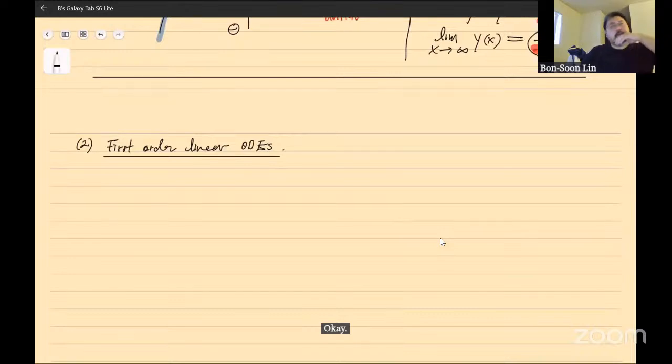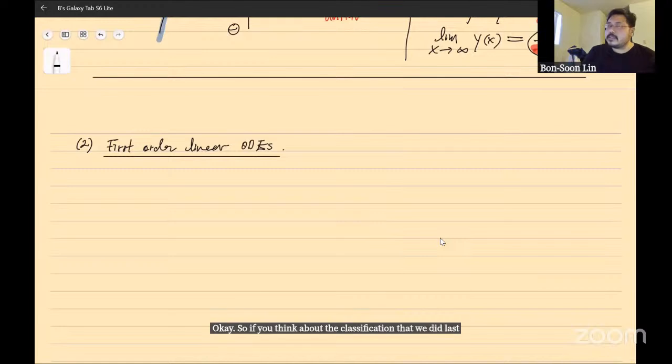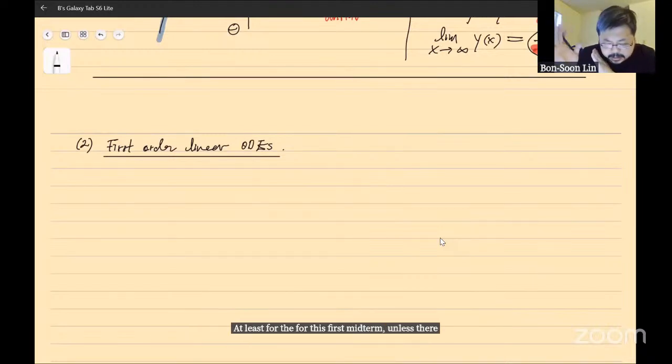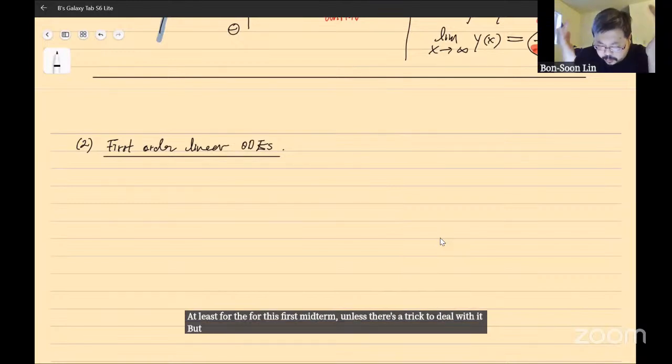If you think about the classification that we did last time, first order means the highest derivative is 1. We're still really just doing first order so far, at least for this first midterm, unless there's a trick to deal with it.